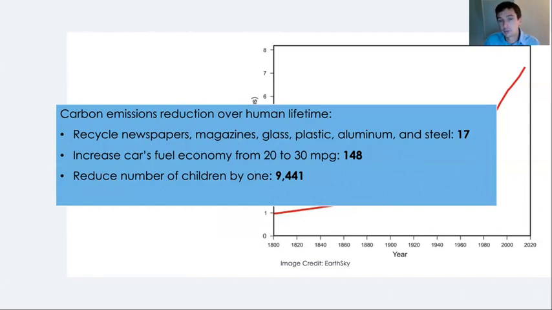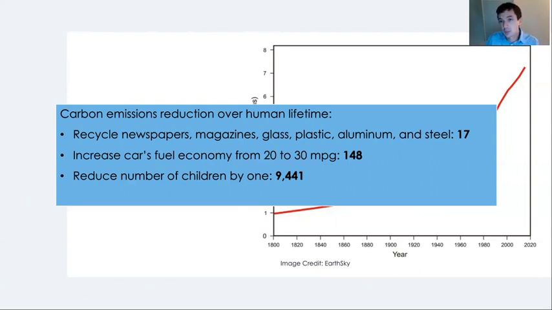If you are someone who likes to recycle, for instance, which I hope everyone likes to recycle, you might save 17 tons of carbon over your lifetime. If you increase your vehicle's fuel economy, so if you turn in your Ford F-150 for a Honda Civic, you could save 150 tons over your lifetime.